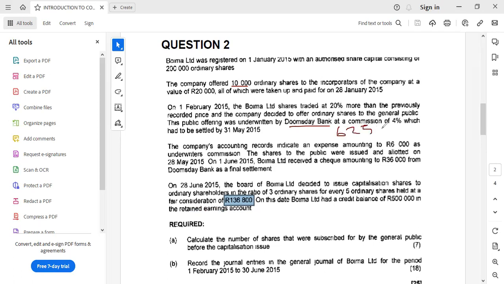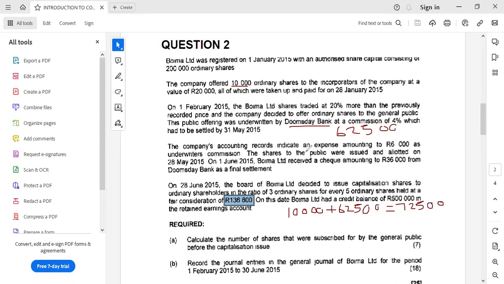The 62,500, remember, we calculated it on part A. So that means the shares that were there were 10,000 plus 62,500, which is 72,500. So before the bonus issue, there were 72,500 shares.